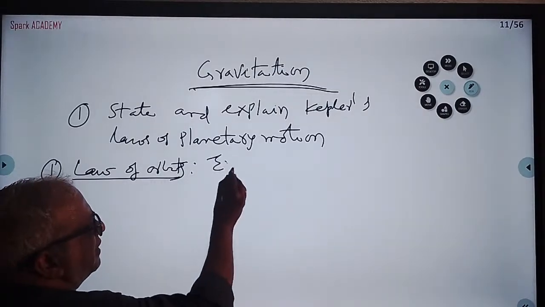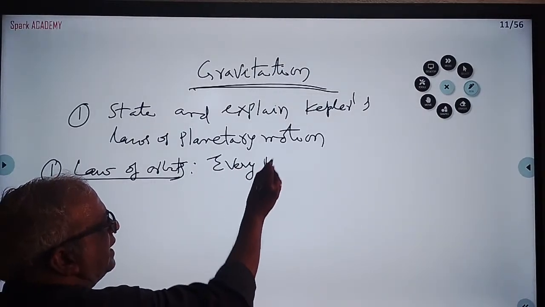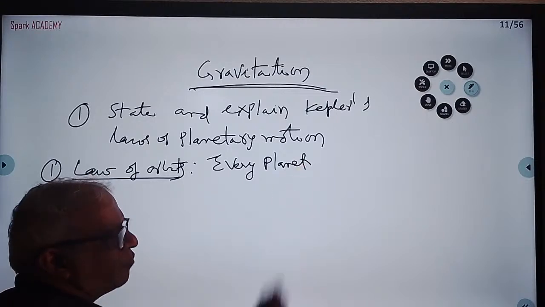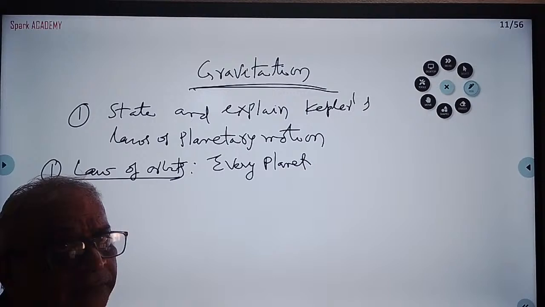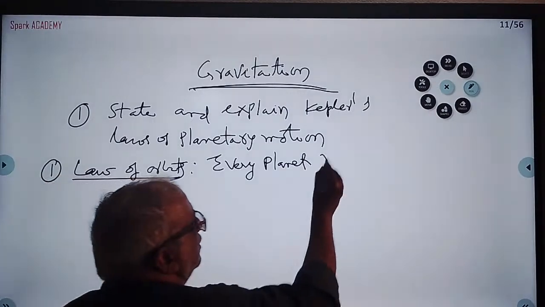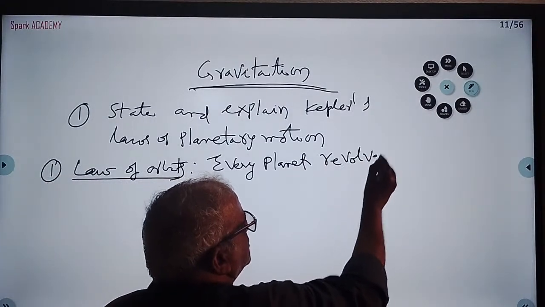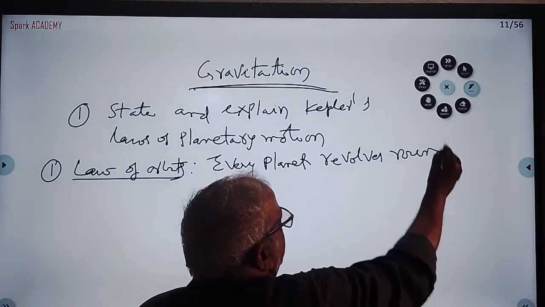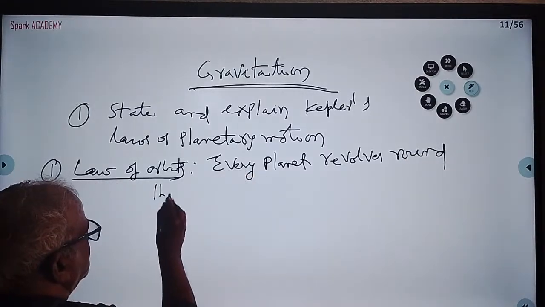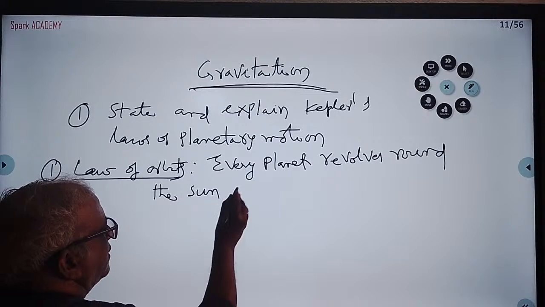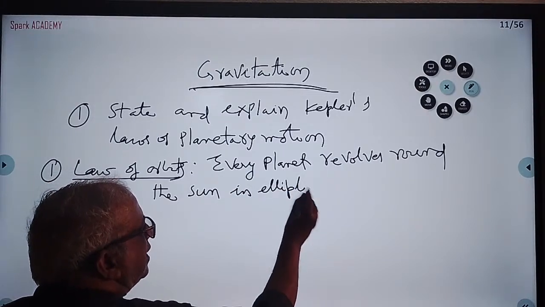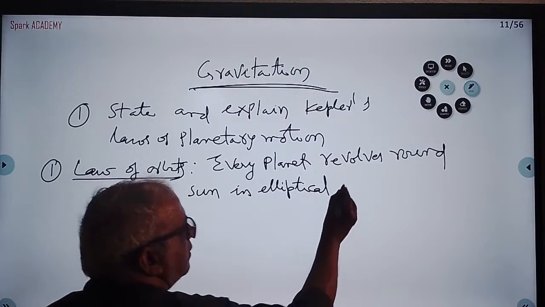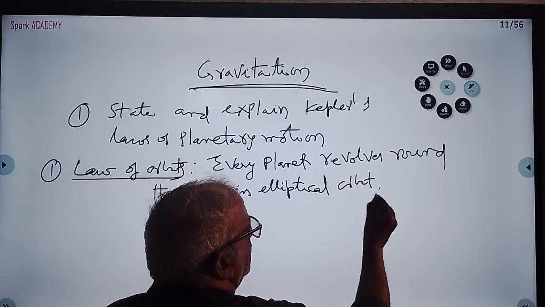Every planet revolves around the sun in an elliptical orbit, not a circular orbit.